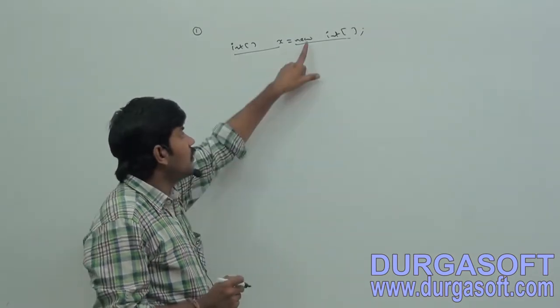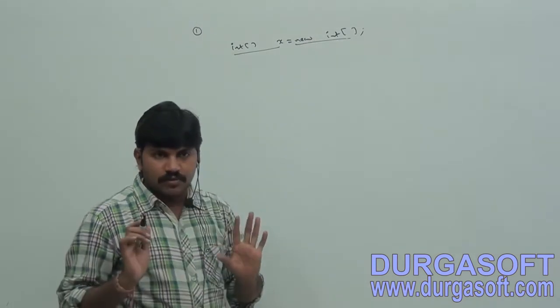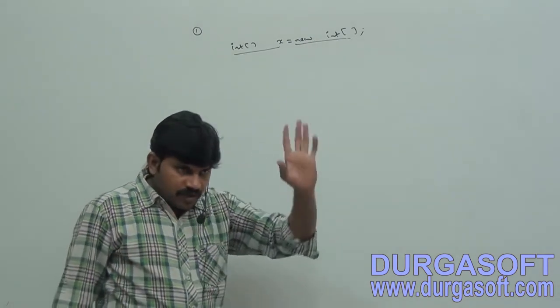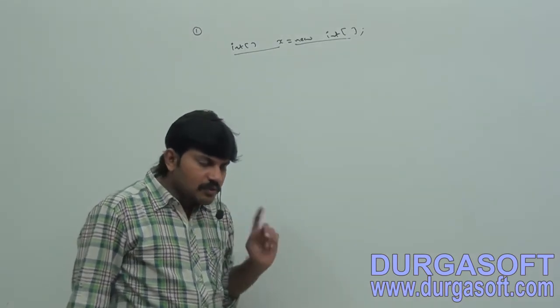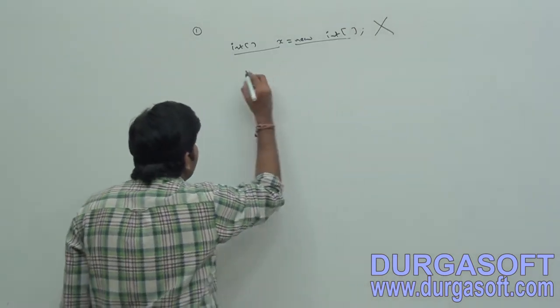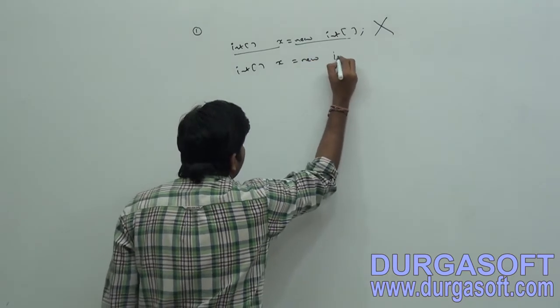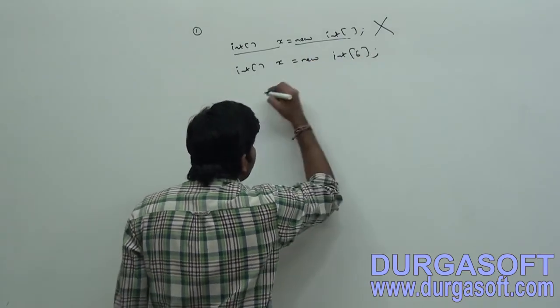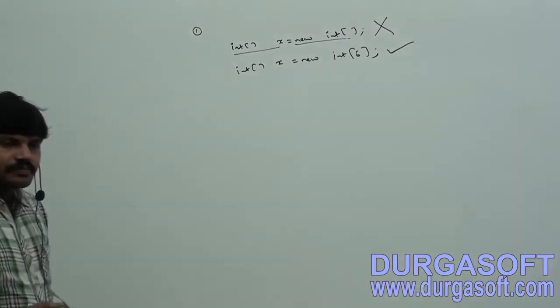That's why we get a compile time error. Suppose int[] x = new int[6]; valid or not? Valid.